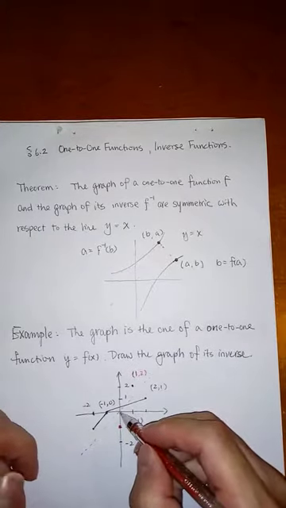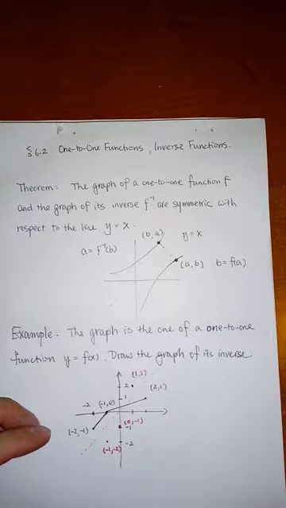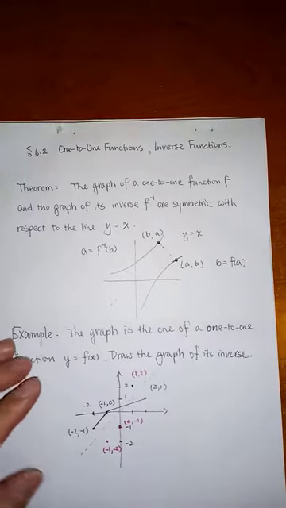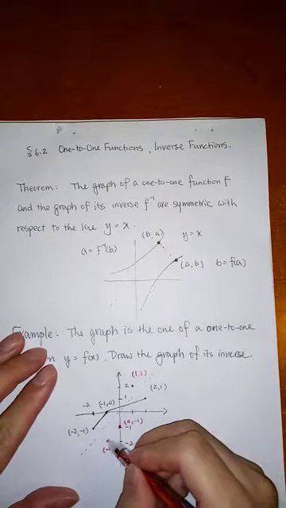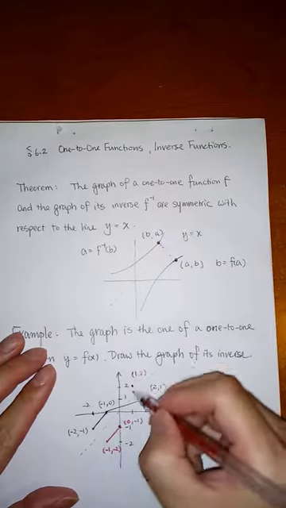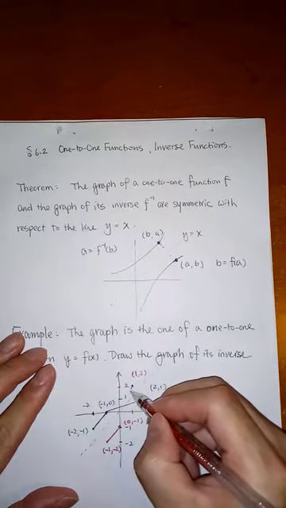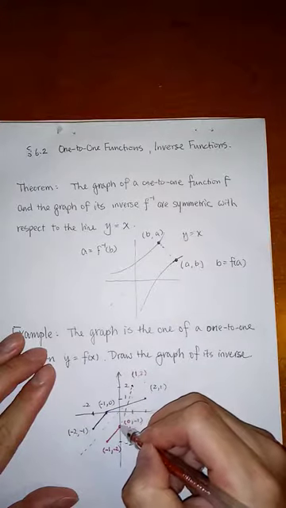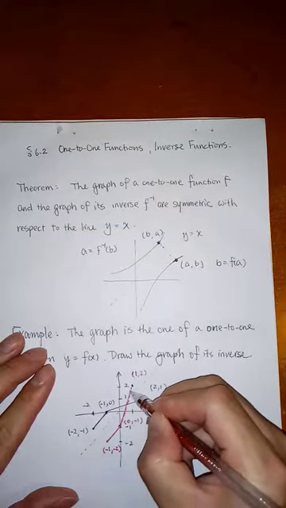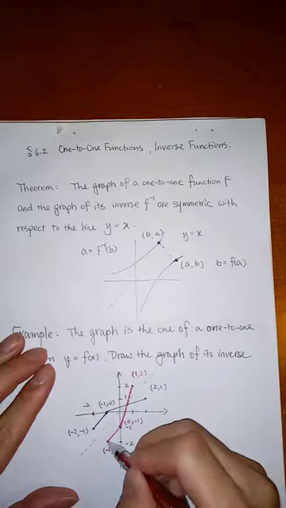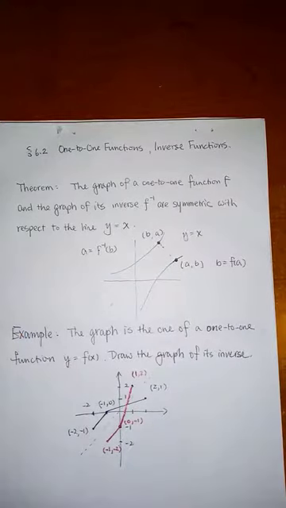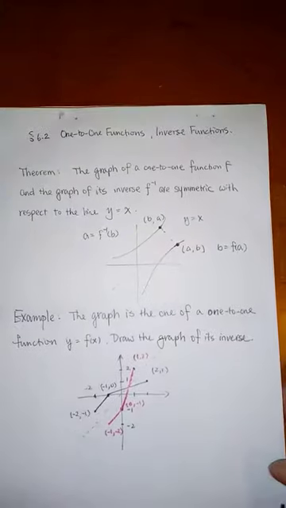And this point has coordinates (negative 2, negative 1), then its counterpart will be (negative 1, negative 2). Just switch x and y. Then you connect the segments. So this red line is the graph of the inverse.